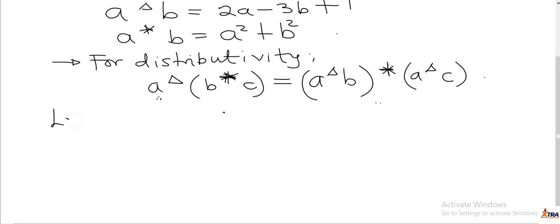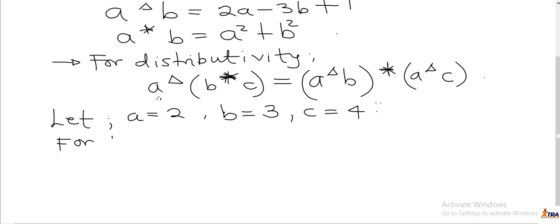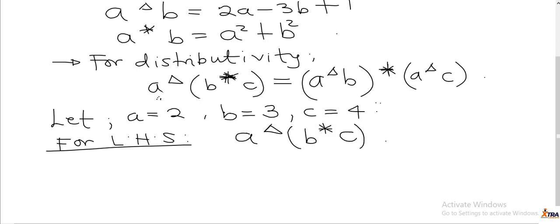And say let A be 2, just taking random examples of natural numbers. Let's say B is 3 and C is 4. Then for the left hand side, if I'll be taking the left hand side alone, of this particular operation, this is what I need to prove.